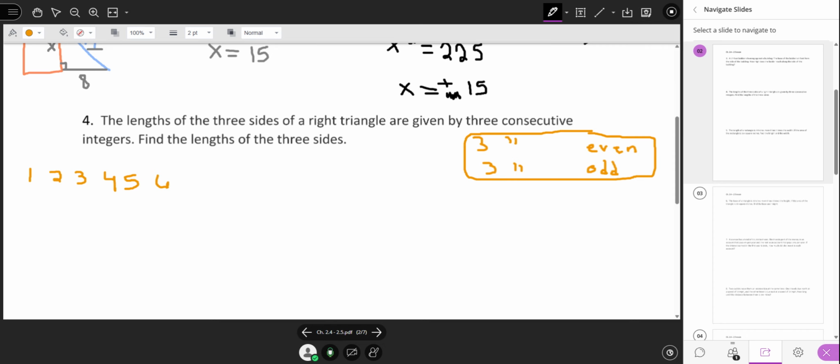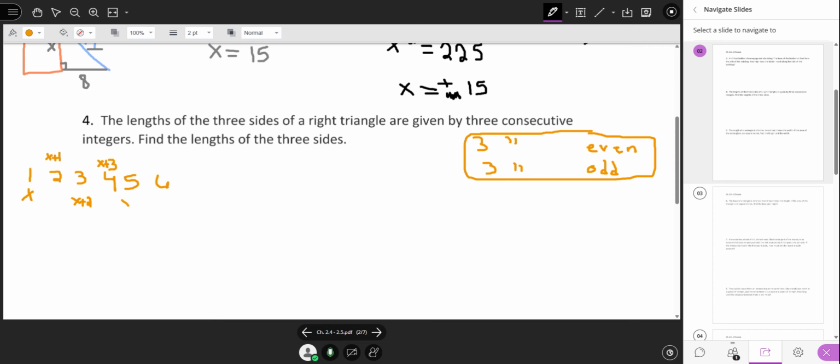So if it says consecutive, let's say you're starting with x, then if I add 1, I'm going to get 2. If I add 2, I'm going to get 3. If I add 3, I'm going to get 4.